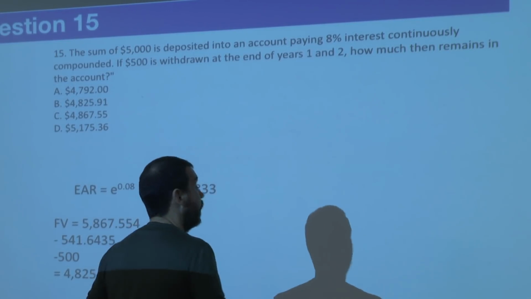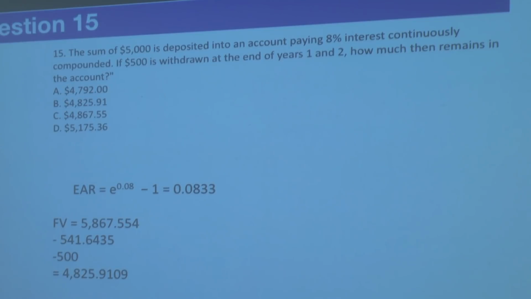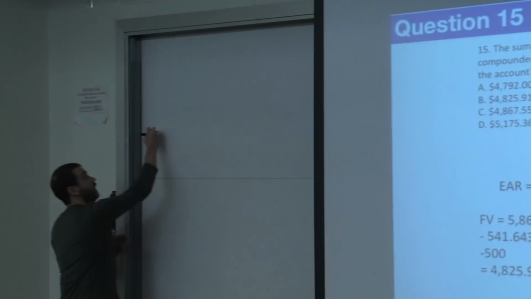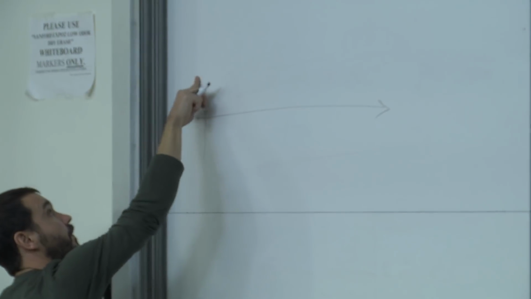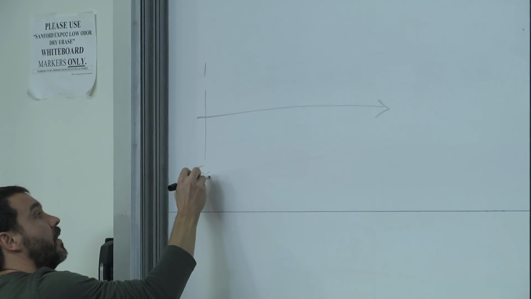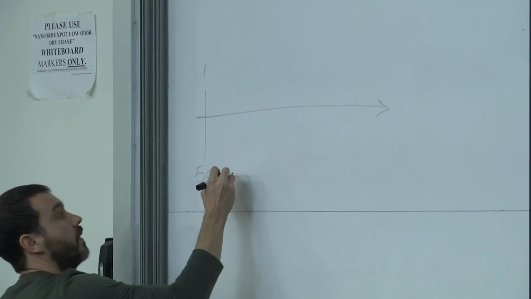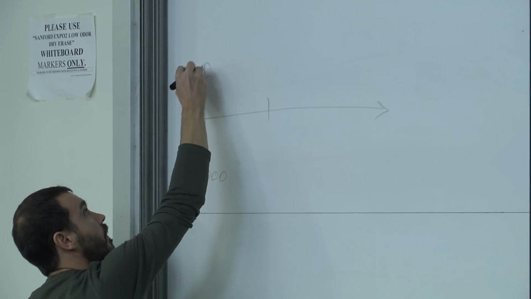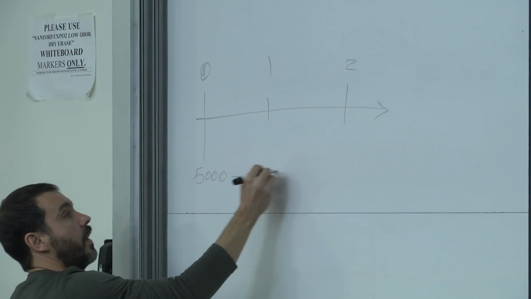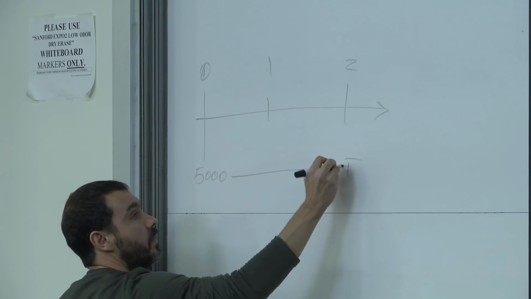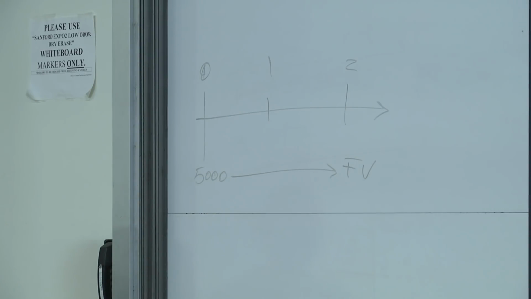What I did is this. I have $5,000, and I compute the future value of it.